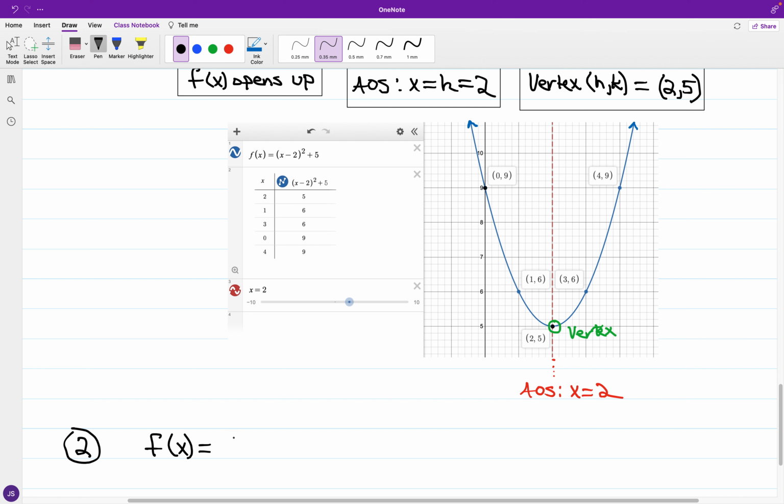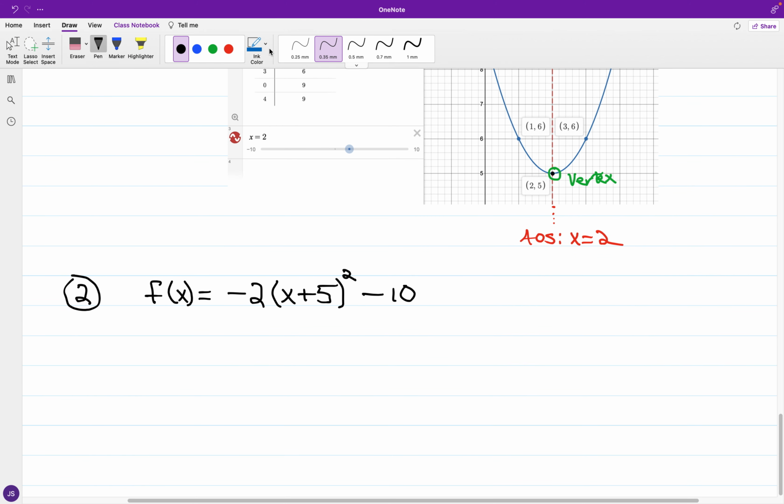Let's say we have f of x equal to negative 2 times the square of the quantity of x plus 5, minus 10. Again, we have another vertex form.